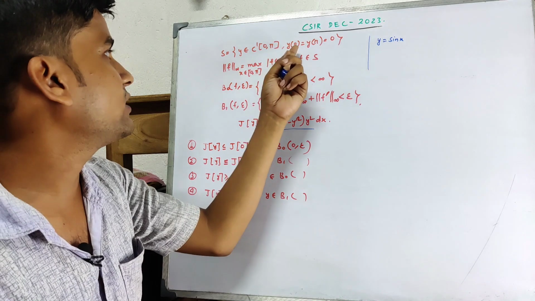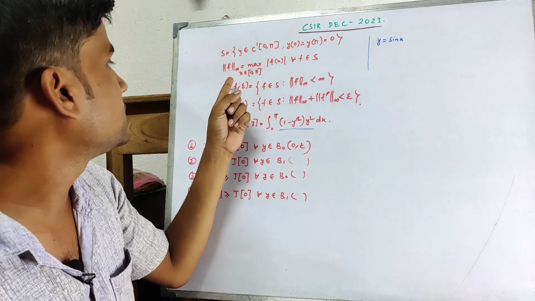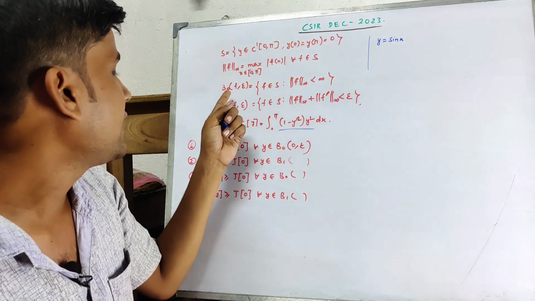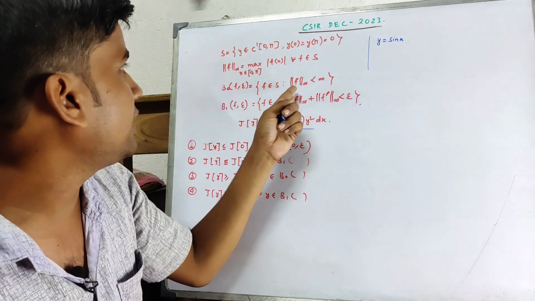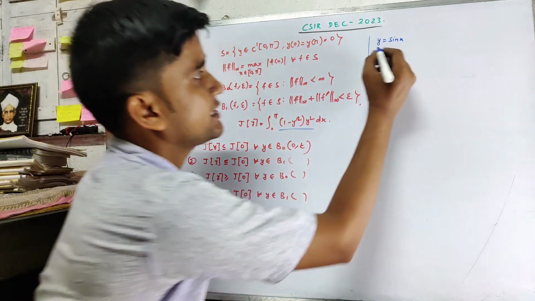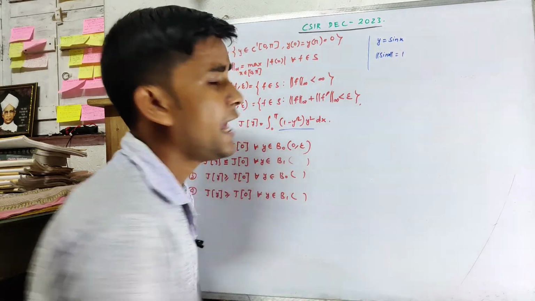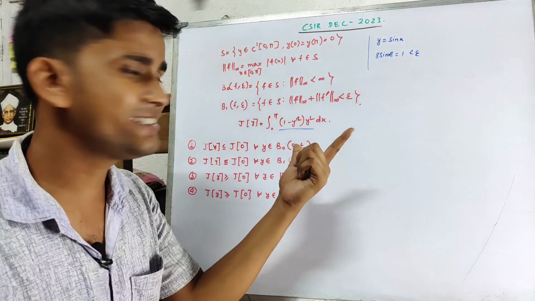This is continuously differentiable and these conditions are also satisfied. Also, the max norm is defined, and in B0, if we take the maximum value of sine x, we know this is equal to 1, and if we take 1 less than epsilon, then our work is done.